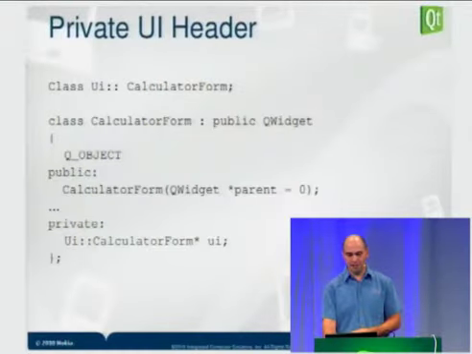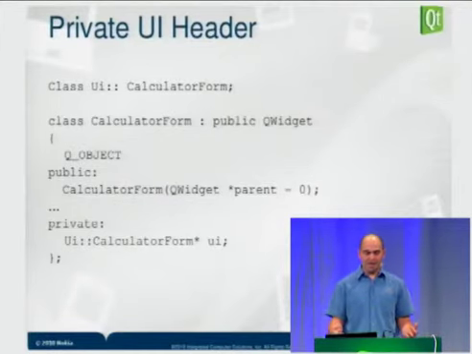There is one thing to mention, that you have to delete this pointer. It is not a QObject. It does not have a parent. It is actually a very simple data structure with one function called setupUi. And here's an example here. We are forward declaring CalculatorForm, and we have a private member pointer called ui, an instance of CalculatorForm.